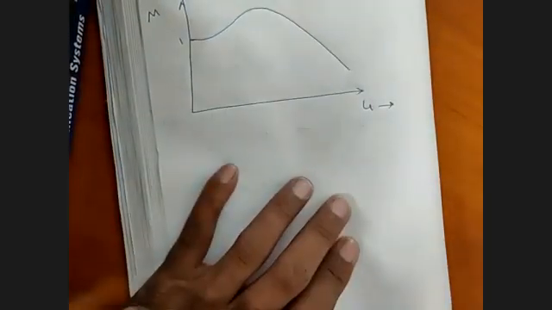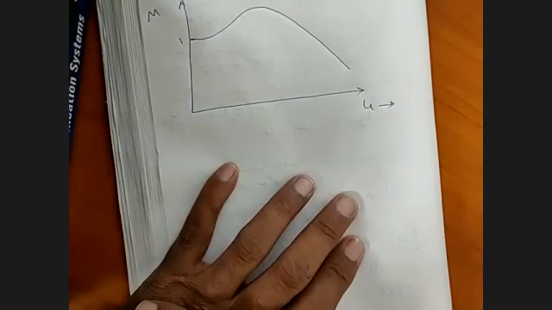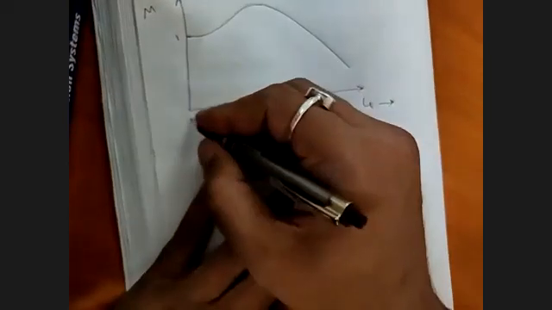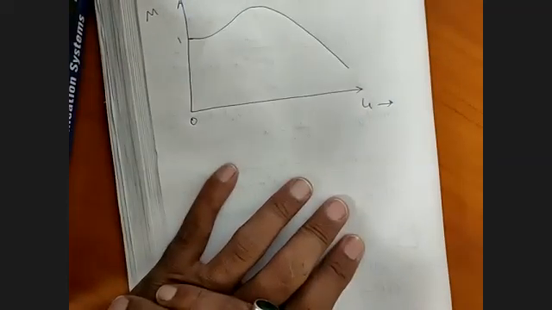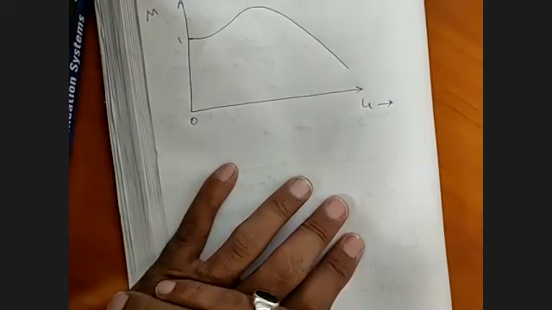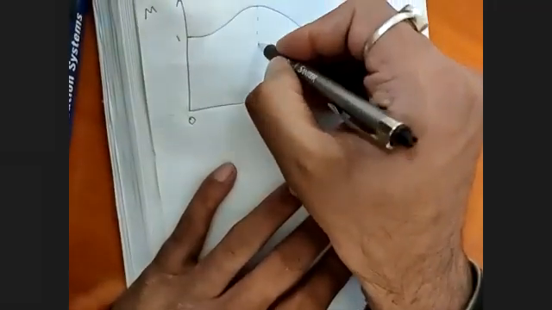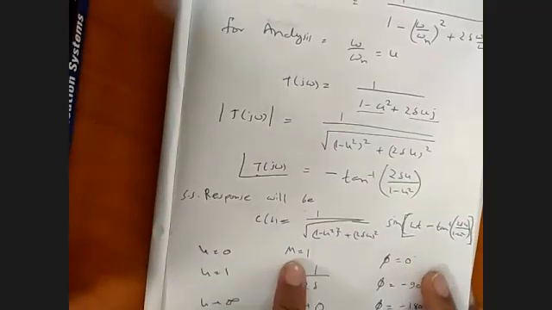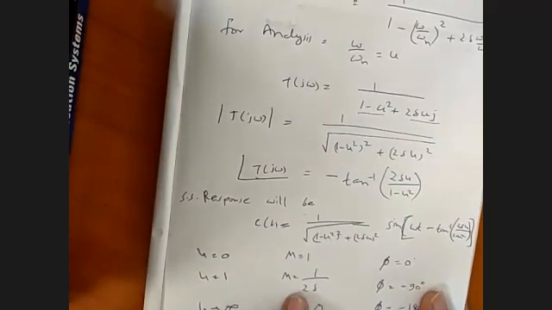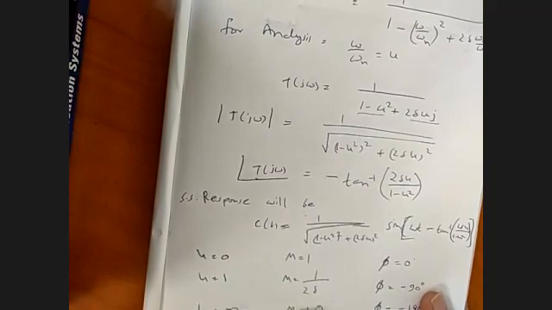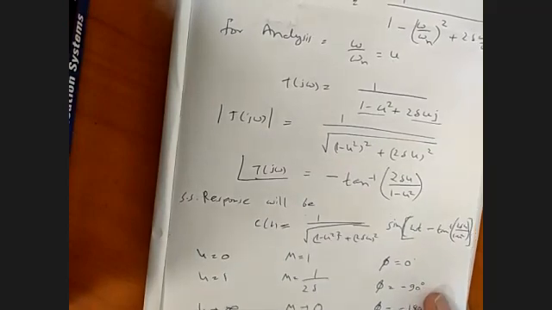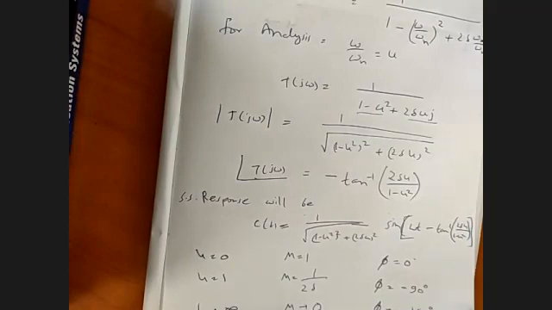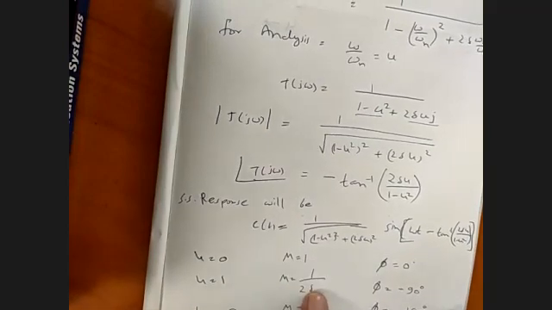It will be starting from 1, because at u equal to 0, then we have a maximum value, and after that it will be continuously decreasing. At u equal to 0, M is equal to 1. At u equal to 1, it is 1 upon 2 delta, and then as u tends to infinity, M tends to 0. So it will finally be moving towards 0.